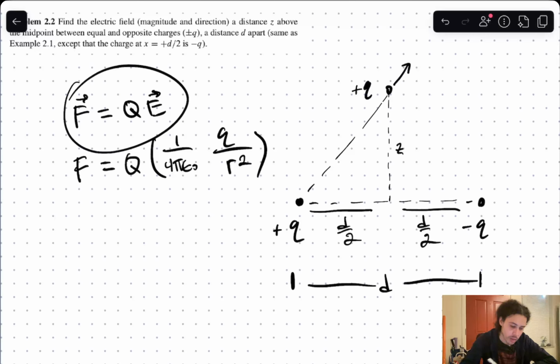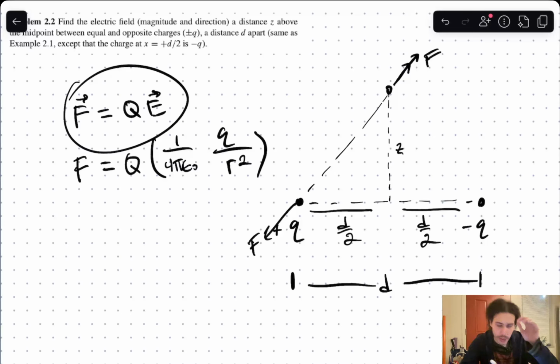They will experience a repulsive force in equal and opposite directions of equal magnitudes.